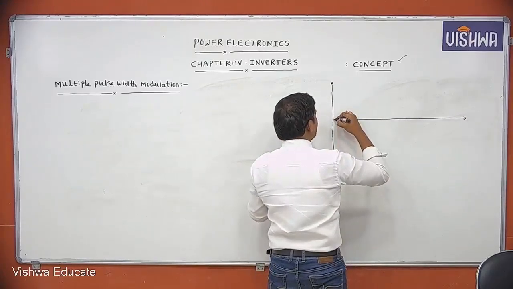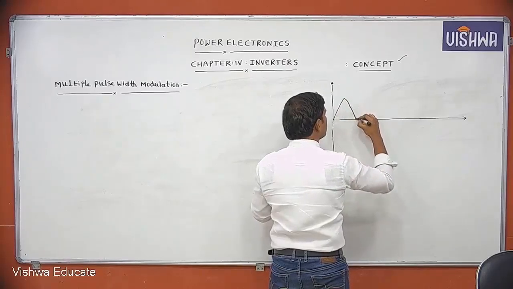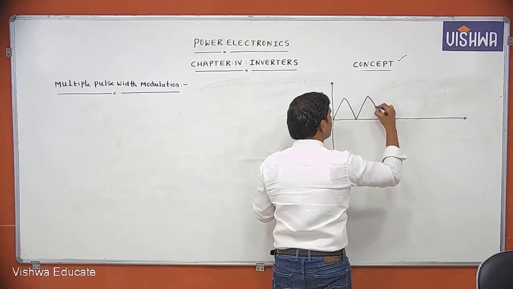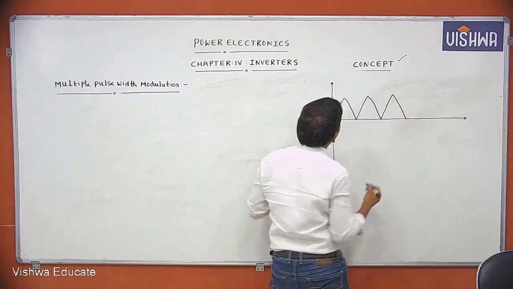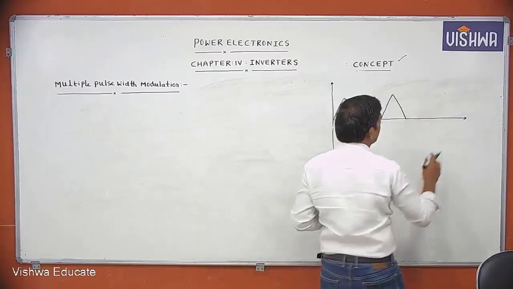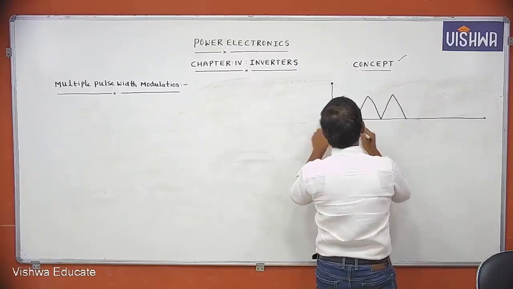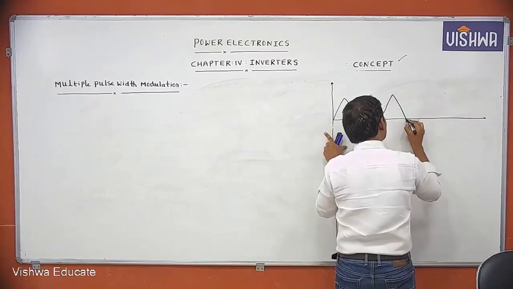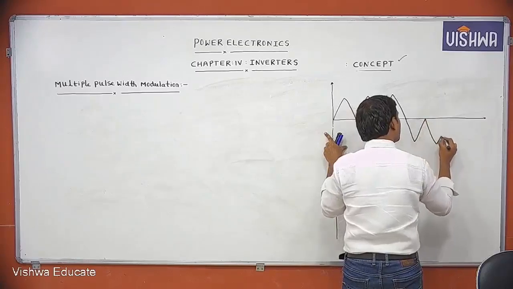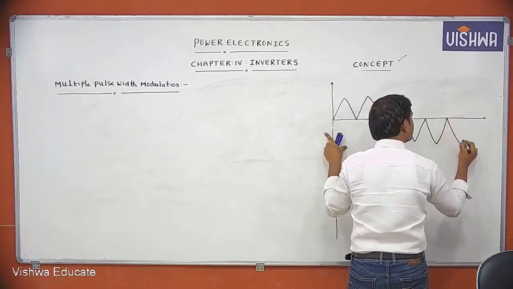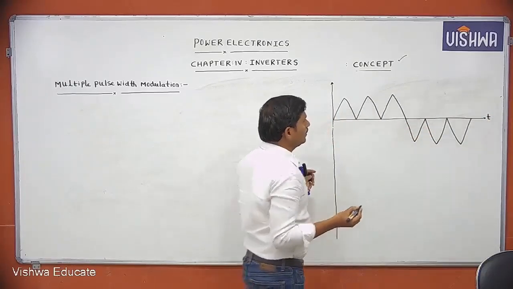I am taking the carrier as a triangular wave. This is the carrier signal. For the half cycle I have taken 3 cycles of carrier, and for the negative half cycle also I am taking 3 cycles of carrier.